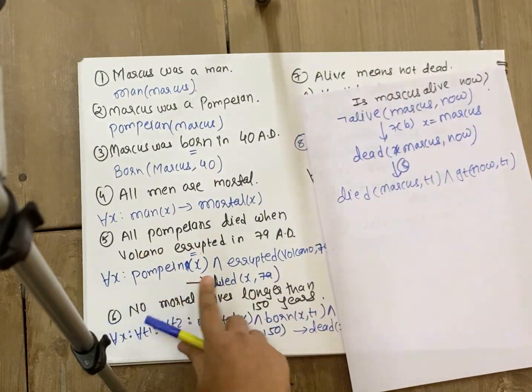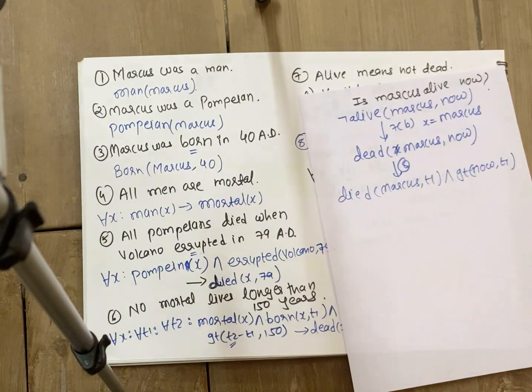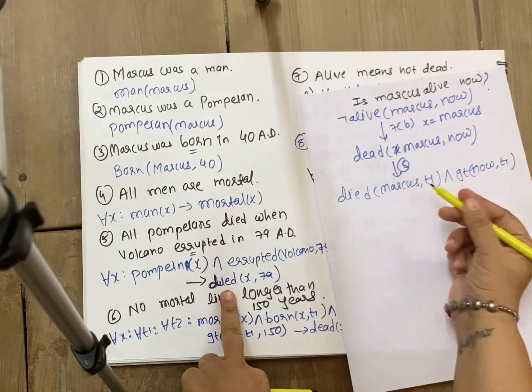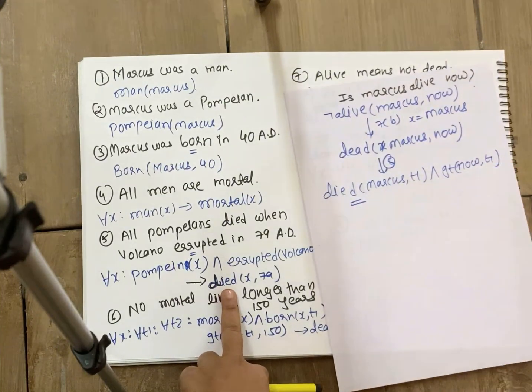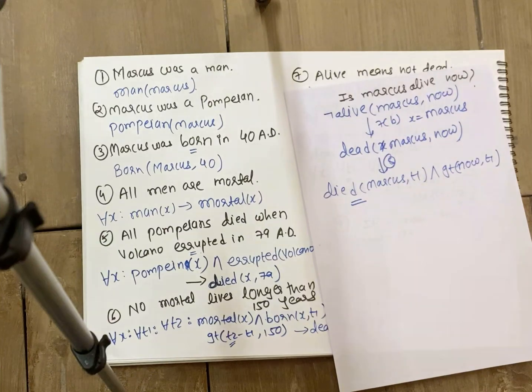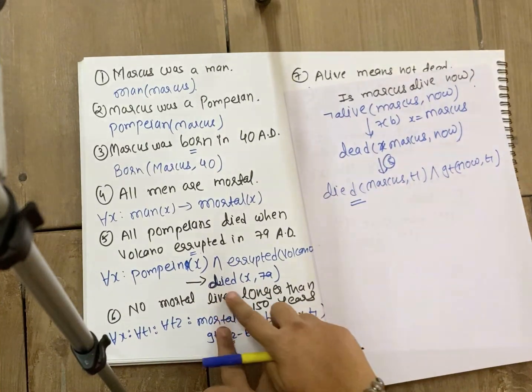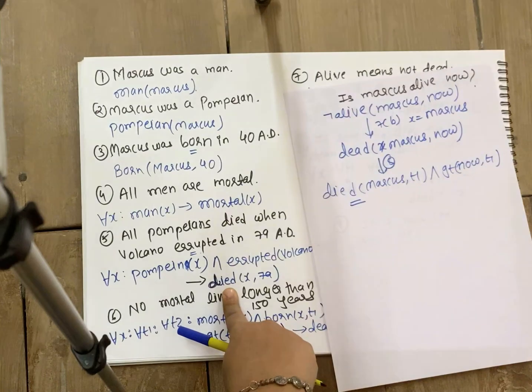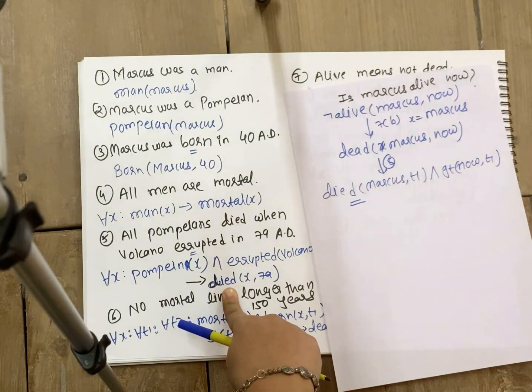Moving ahead, we will go over here and search for died. Yes, here we have died available, which we can take from here. So this died should be replaced by this one: the volcano erupted and all the Pompeians died.